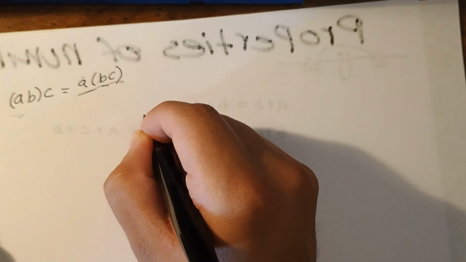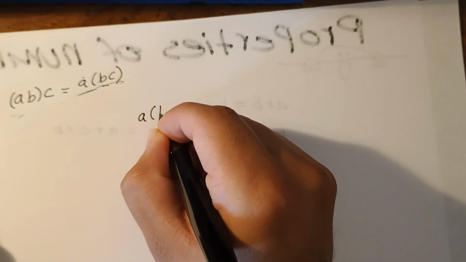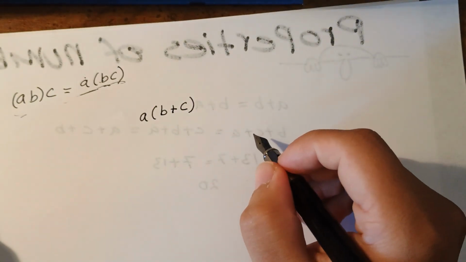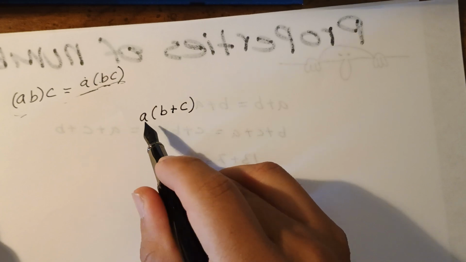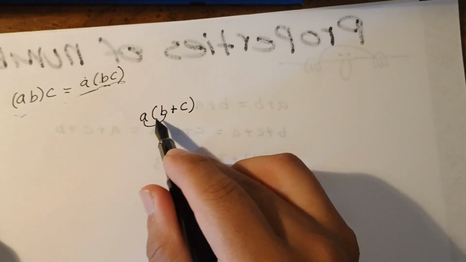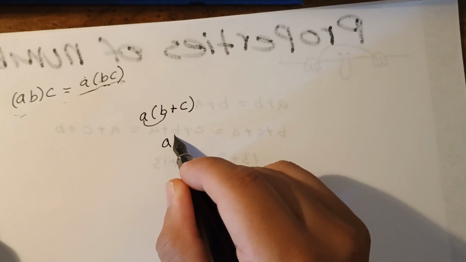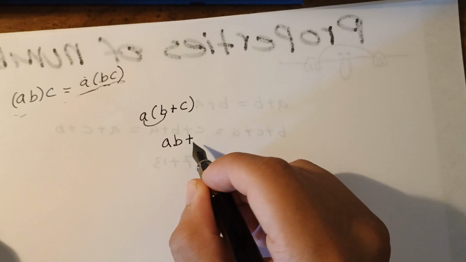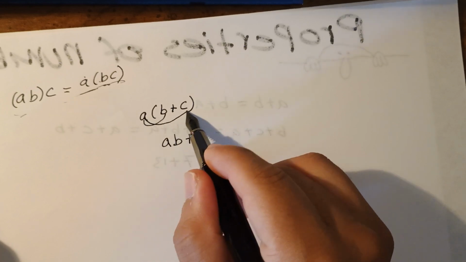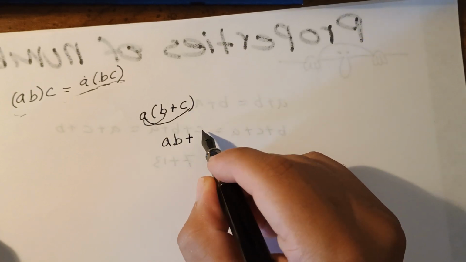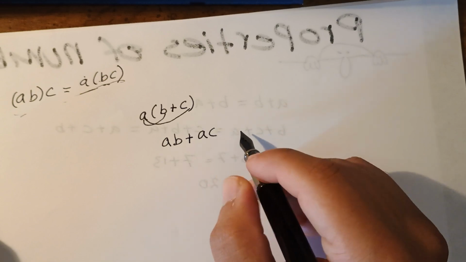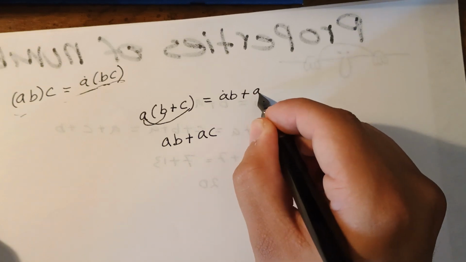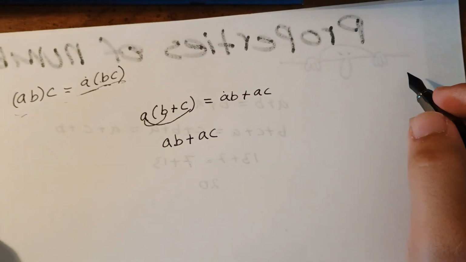When you have something like this, it just means you're going to multiply a times b, which is ab, and then we're adding a times c, so that'd be ac, and that's the answer: ab plus ac.